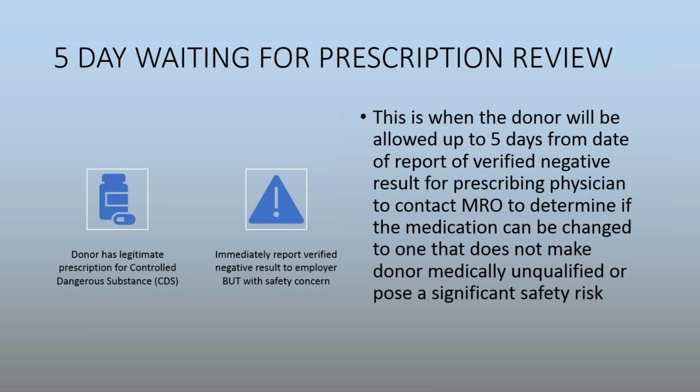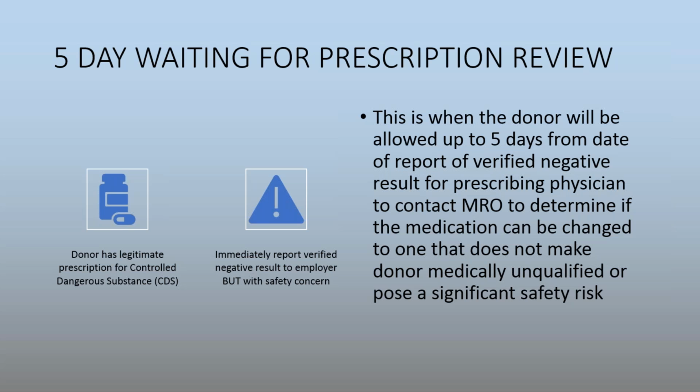So let's talk a little bit about this 5-day waiting for prescription review. Let's say the donor has a legitimate prescription for a controlled dangerous substance, a CDS. So this is a substance that is a pretty heavy-duty controlled substance. For whatever reason, they have a prescription for that.